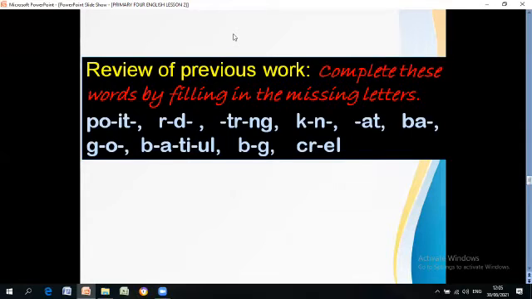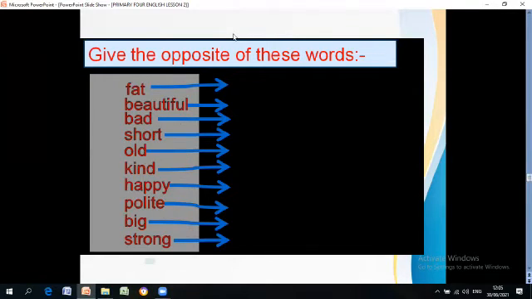Thank you very much. We are continuing to look at the opposites of the different adjectives which we talked about in the previous lesson. And those adjectives are given just on your screen there. We are going to look at the opposite forms of those words.